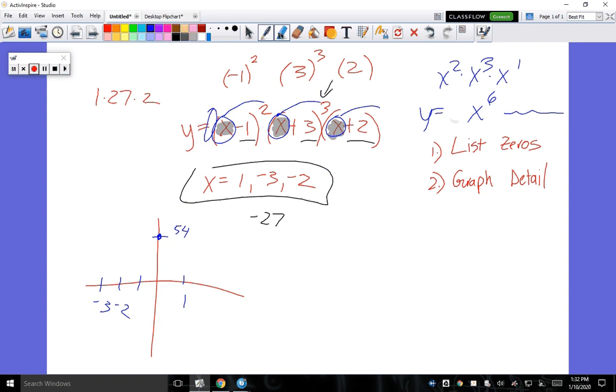The rest, we don't need it. Because of the fact that this is a positive 1 in front of the biggest power of x, that means we're going to go up like this. Because this is an even number, that means we're going to go up as we go to the left. Because there's so many more things that you will have, chances are it's going to be 5 changes of direction.